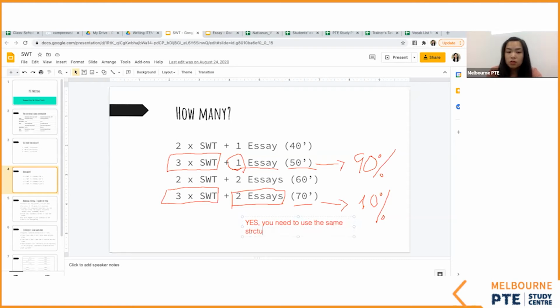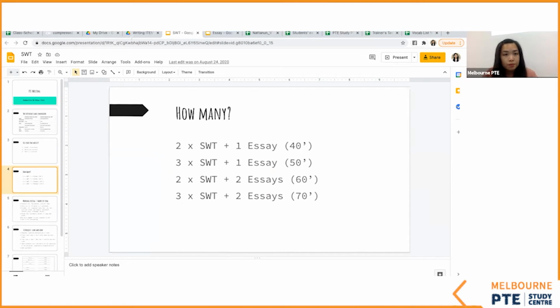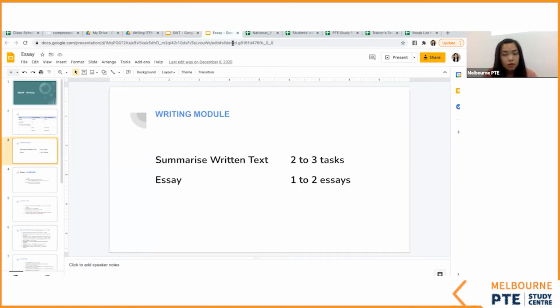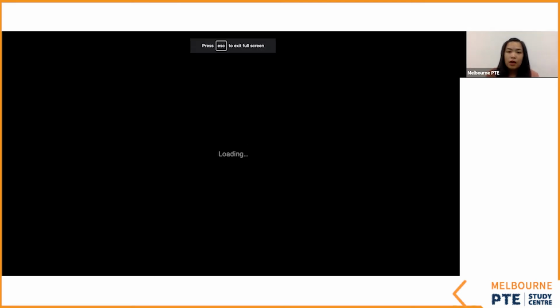There is nothing wrong with the structure, and the computer doesn't deduct your score because you use the same structure. No, it doesn't mark like that. Okay, so you don't have to change the structure. Memorize one structure, and that structure will help you for different types of essay. Okay, and you can use the same structure if you have 2 essays in your exam. So that is something I want you to know. All right, so that is how it works.